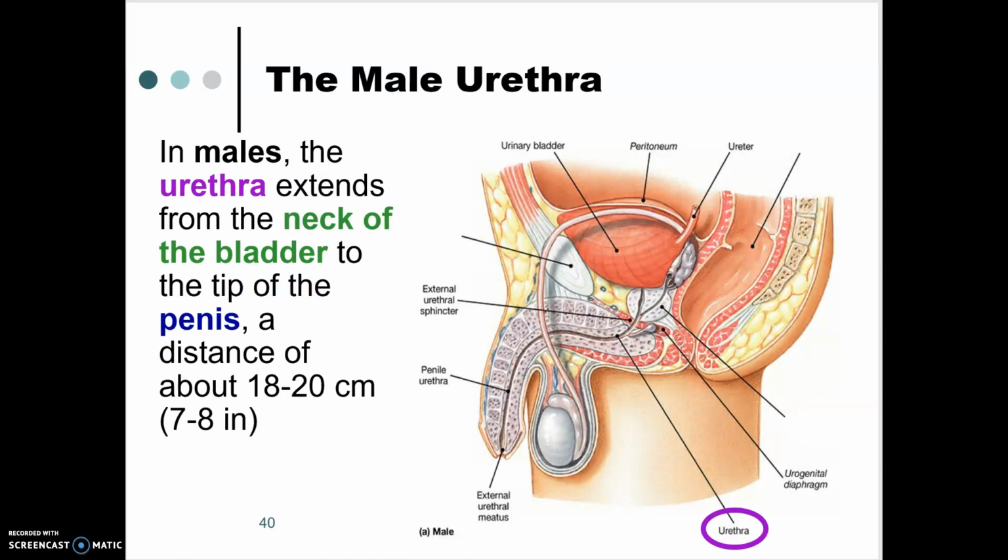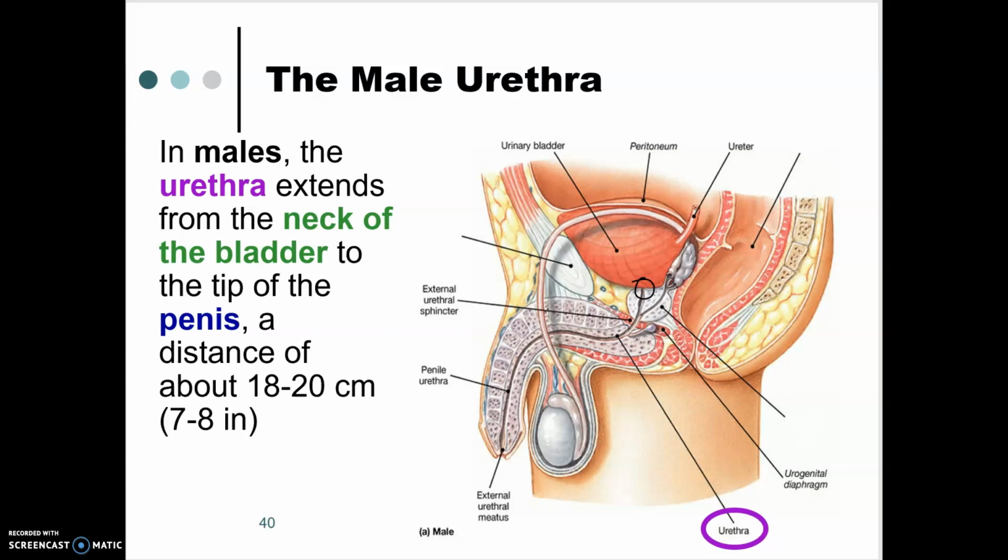So here's again a cross section of the male. The urethra is going to start at the base of the bladder right here. And it's going to travel through the prostate gland, through the perineum, into the penis, and then outside of the body.